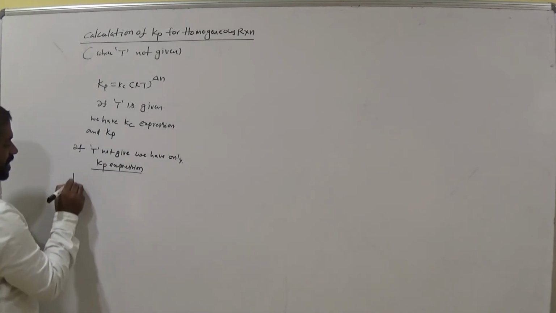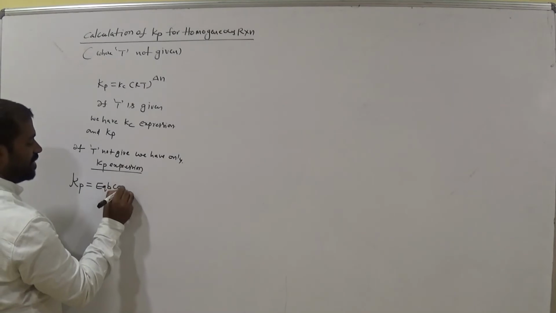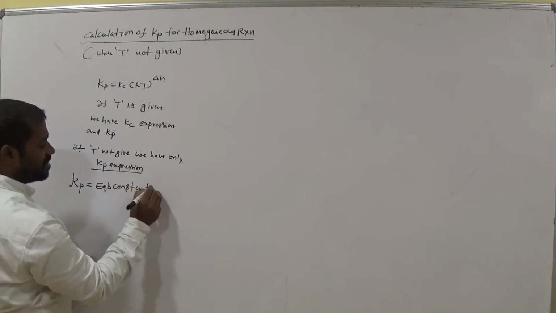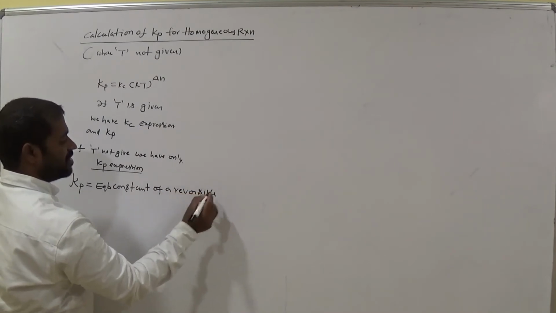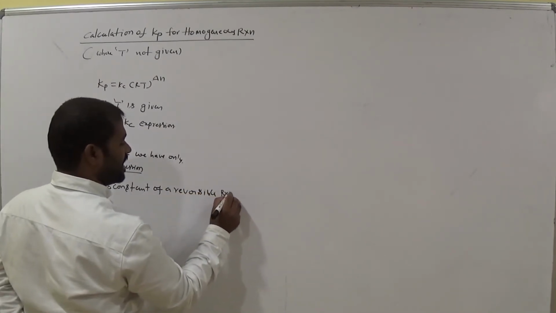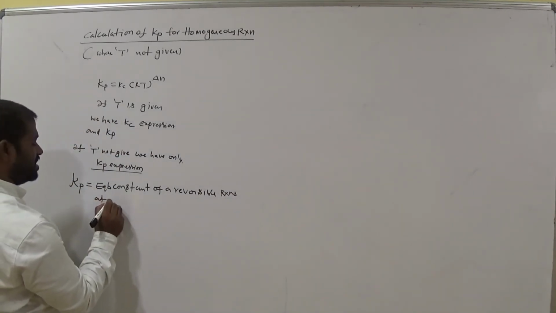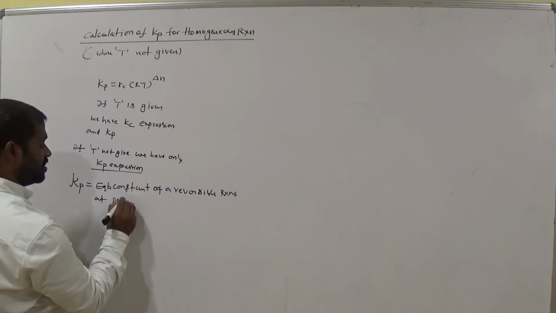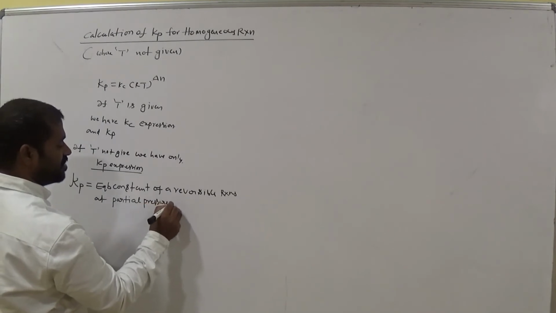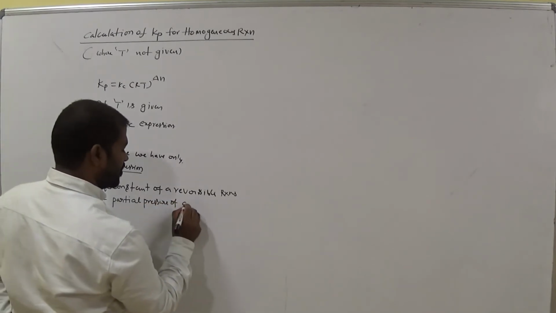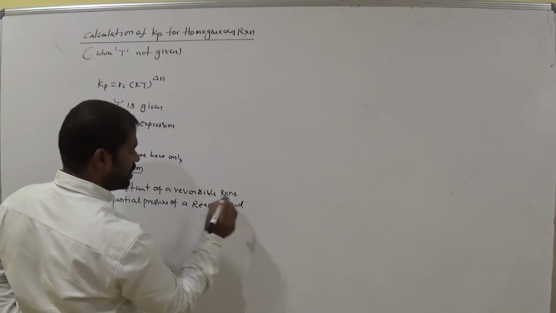What is meant by Kp? Kp means the equilibrium constant of a reversible reaction at partial pressure of reactants and products.